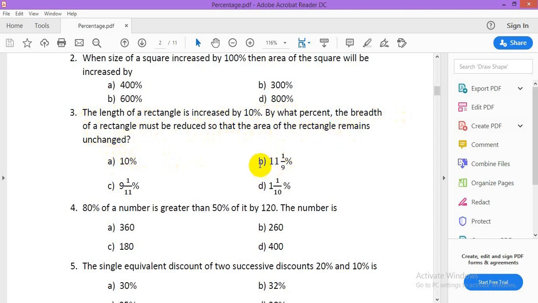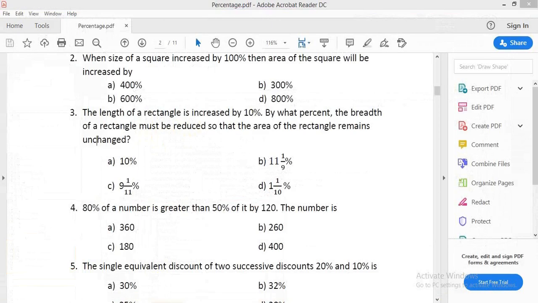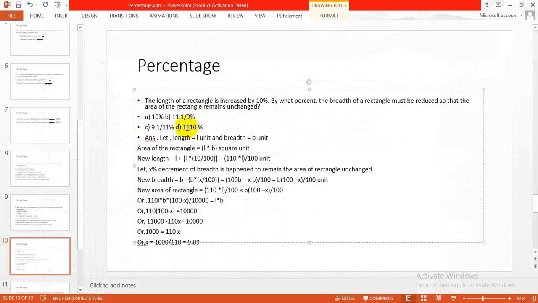The options are 10%, 11 whole and 1 by 9%, 9 whole and 1 by 11%, and 1 whole and 1 by 10%. Okay, clear?